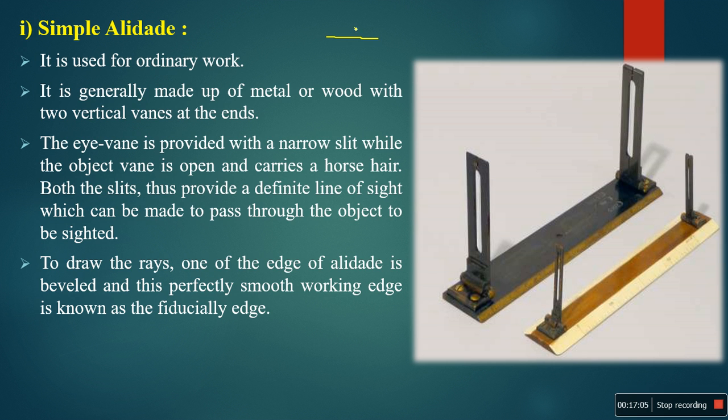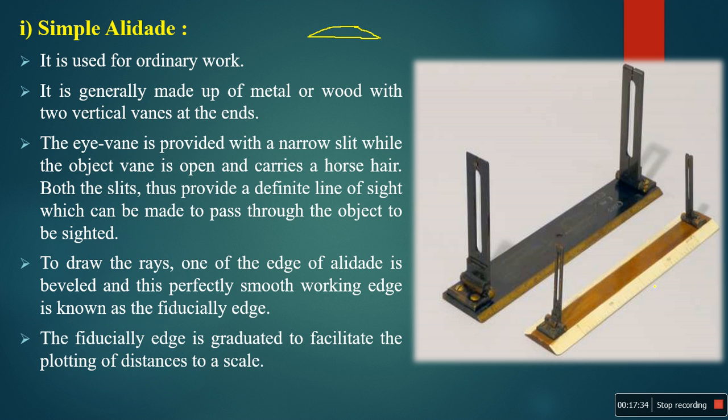At the edge there is a small slope. On that slope they mark distances like a scale. Then with respect to some scale, you have to mark the stations on the drawing sheet. Okay, this is about the simple alidade.